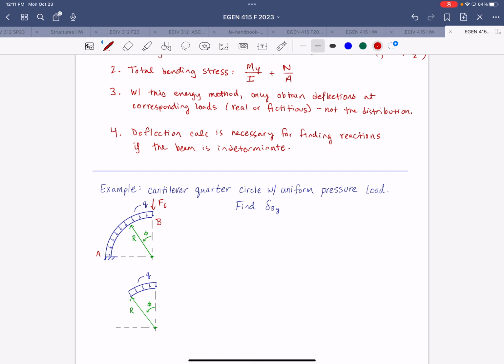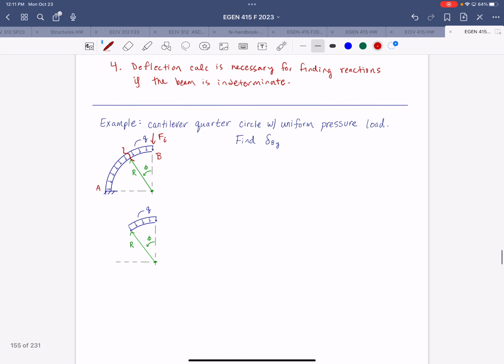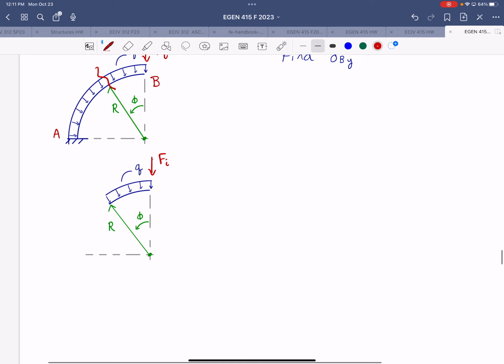So if we take a cut then and look to the right of that cut, now with our fictitious force involved, we expose the internal shear, normal force, and moment. What we're interested in is the moment.